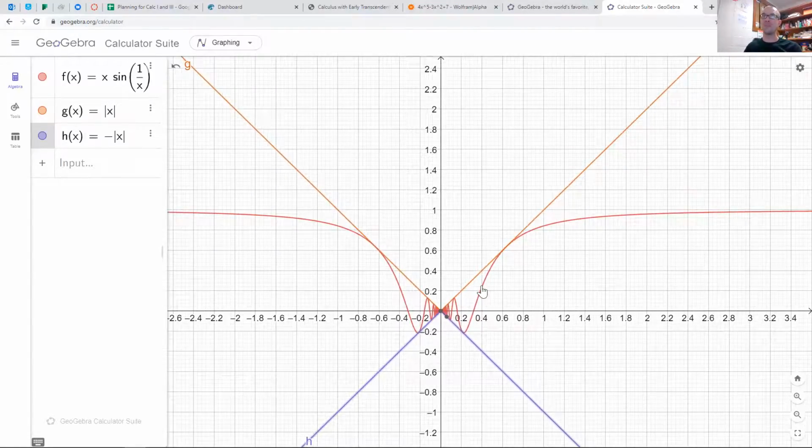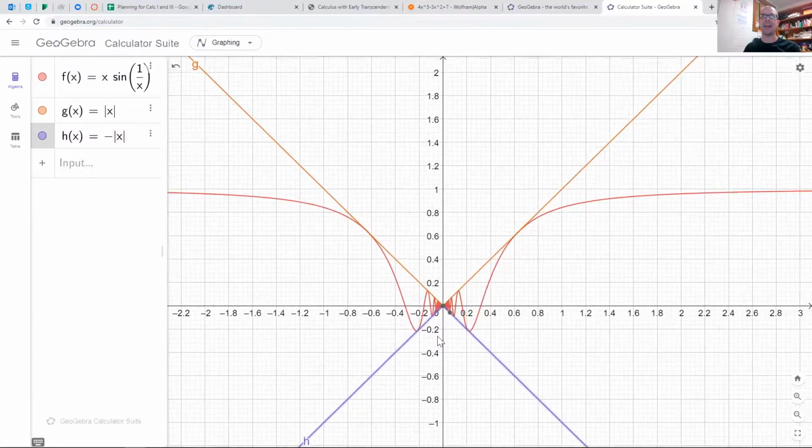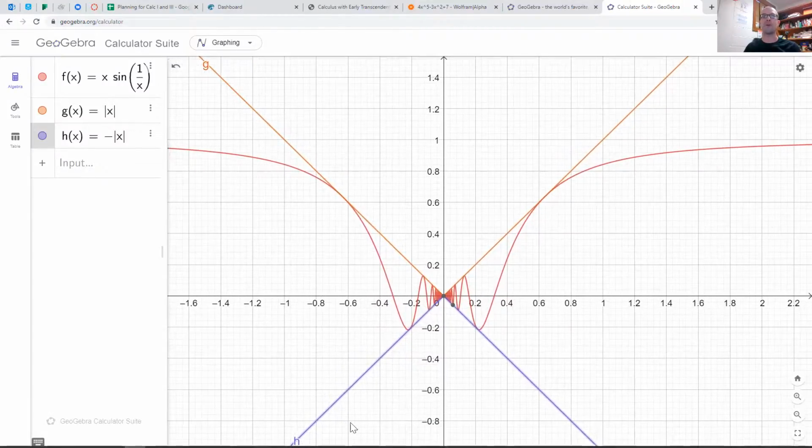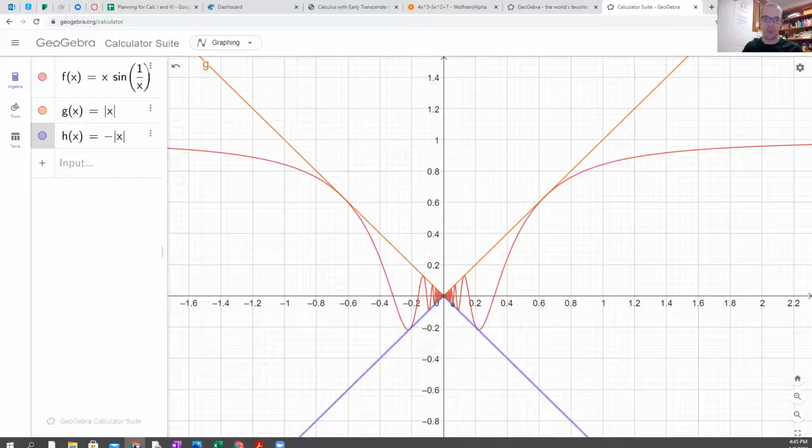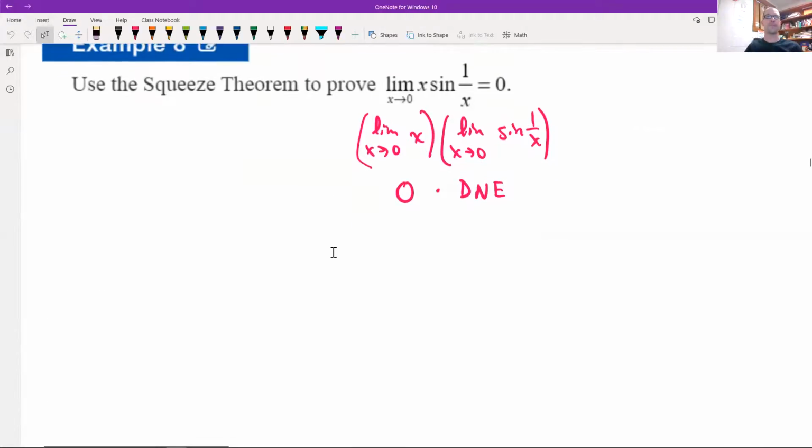And so these more well-behaved functions can act like a top function for us and a bottom function. And the way that it would work out writing things is that we would squeeze this limit, the limit as x approaches 0 of the nasty function that we're looking at.